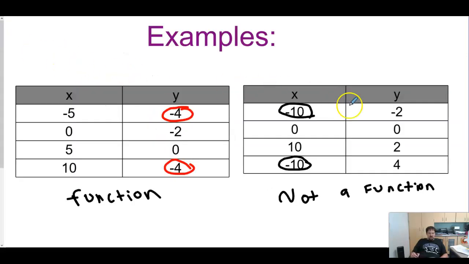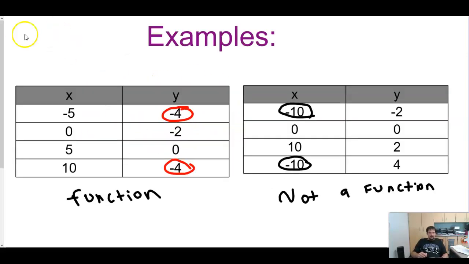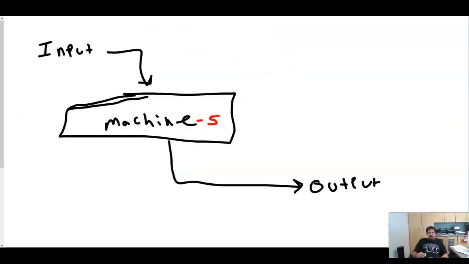So for example, if we look on this right here, -5 is an input, so let's say I put the -5 in the machine, and the machine is the function or some sort of equation that does something to that number. And when we put it in, what came out? A -4 came out. So I put it into the machine, it did something, and boop, out popped a -4.